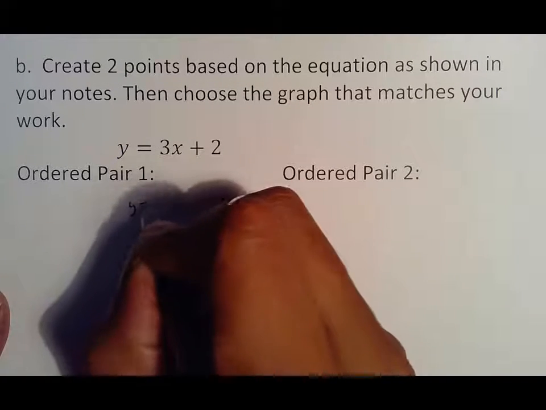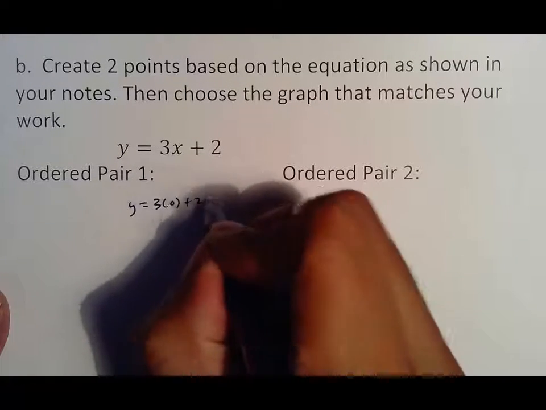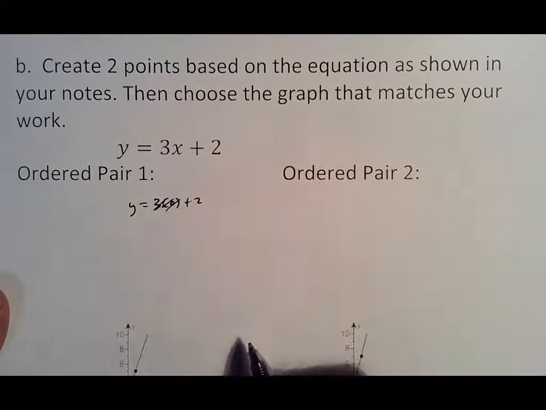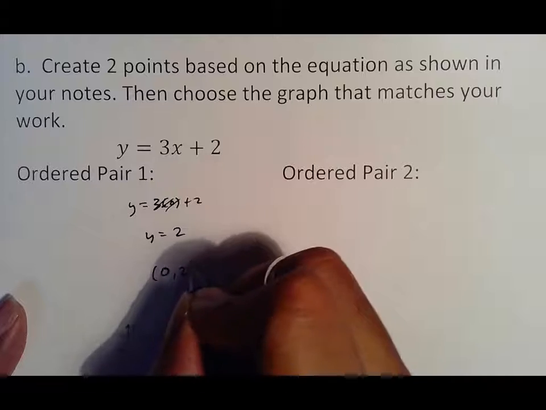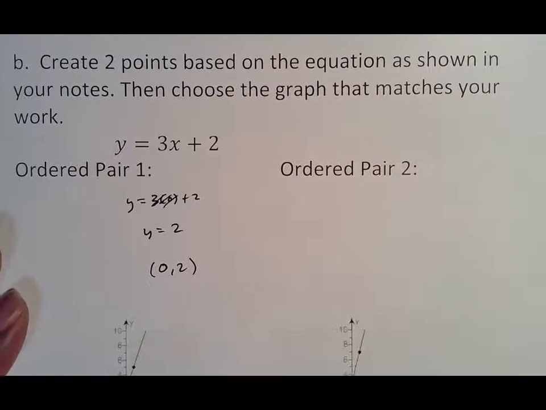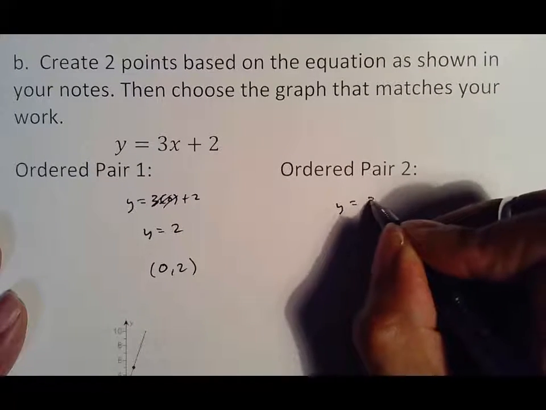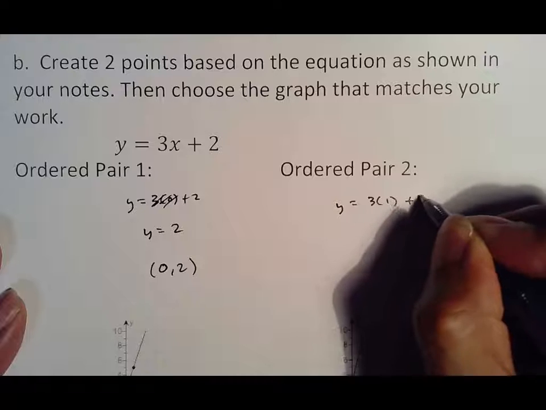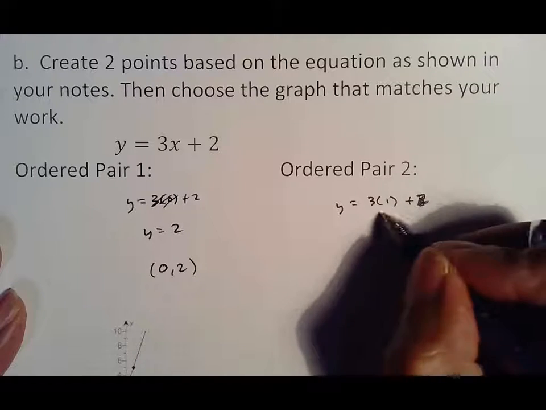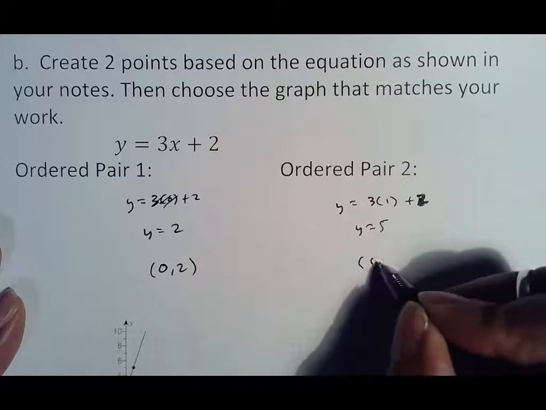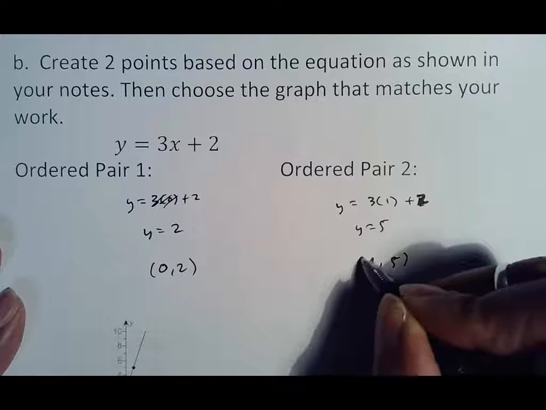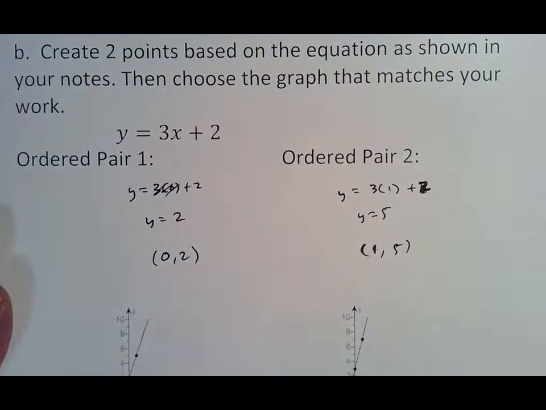Again, ordered pair number 1 uses 0, so 3 times 0 plus 2. Well, remember 3 times 0 is 0, so we don't need it, which means your answer is y equals 2. So 0, comma 2 is my first ordered pair. Ordered pair number 2 is to use the value of 1. So 3 times 1 plus 2, that means that that is 3 plus 2, which is 5. So 1, comma 5 is my second ordered pair.